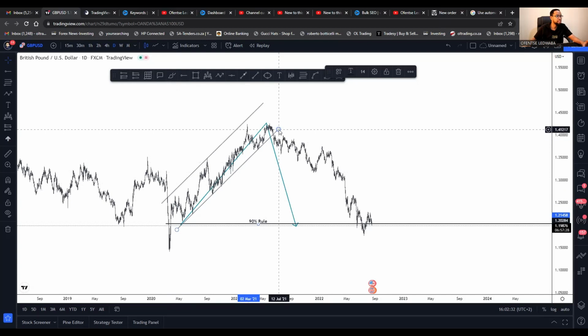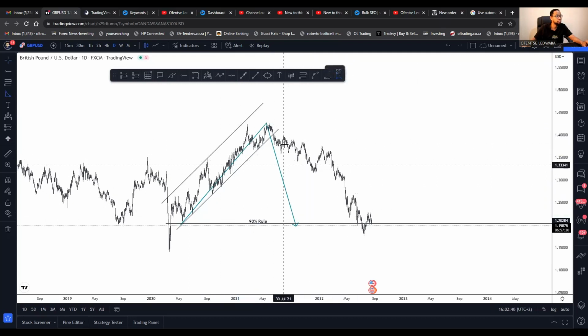Another thing you can call this is a triangle. As you can see, this is a right angle triangle. It came back to its initial point.